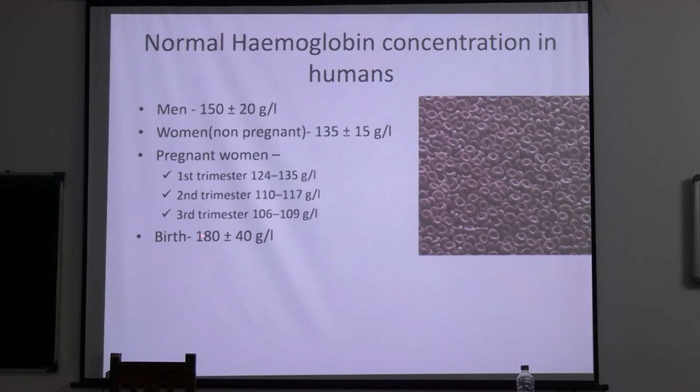And then this 18 gram per dL will gradually reduce. So, at birth it is at its peak, 18 plus minus 4 gram per dL.